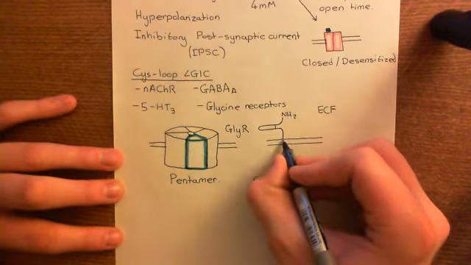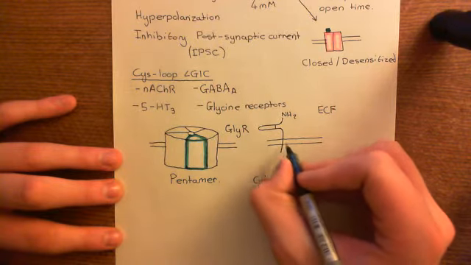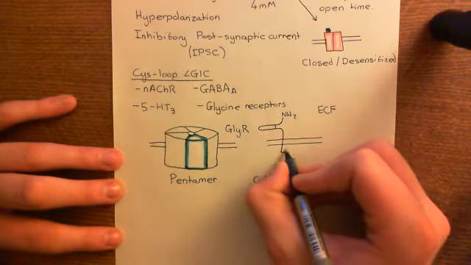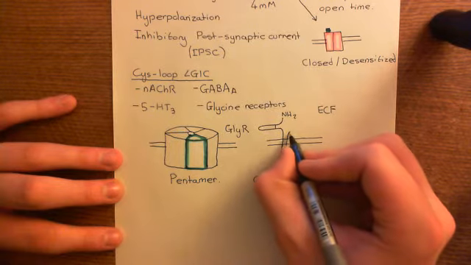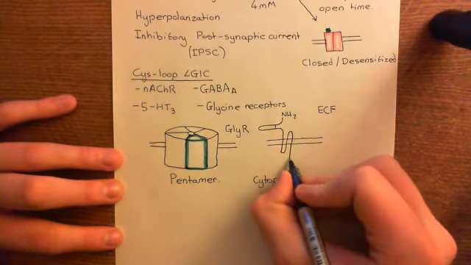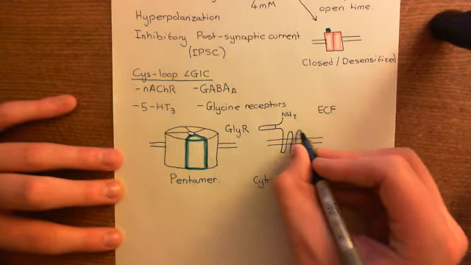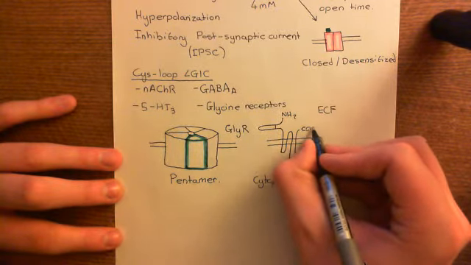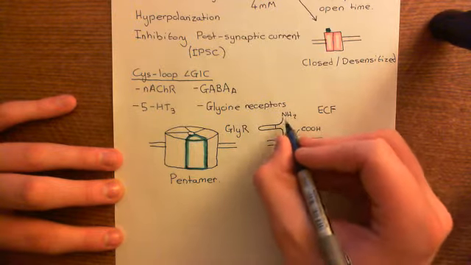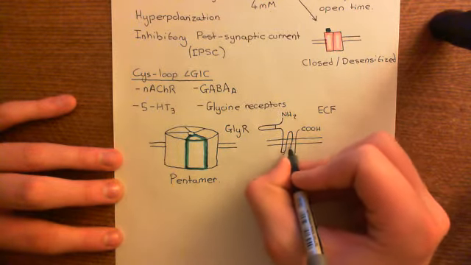Then you have 4 membrane-spanning alpha helices. Here's the first, the second, the third. Then you have a large loop between the third and the fourth membrane-spanning alpha helices. And then here's the C-terminus of the protein. So basically, it straddles the membrane these 4 times.